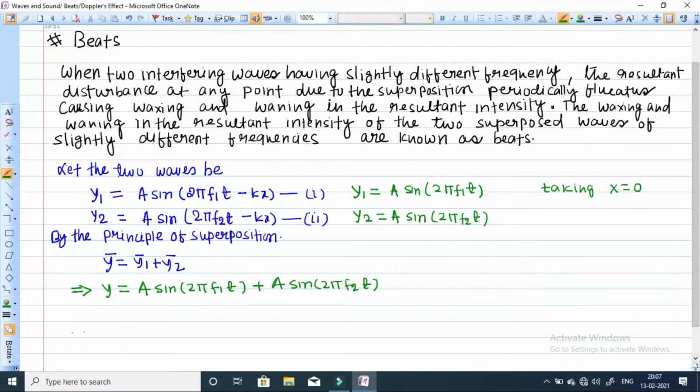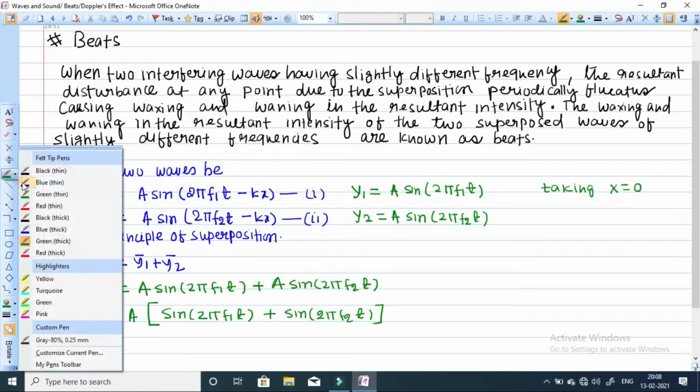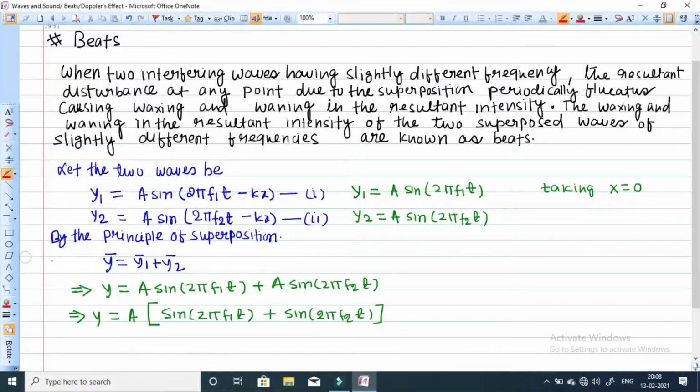Since a is common to both terms, we can write y equals a into sin 2 pi f1 t plus sin 2 pi f2 t. This equation is of the form sin C plus sin D. Suppose this term is C and this term is D, then this is of the form sin C plus sin D.